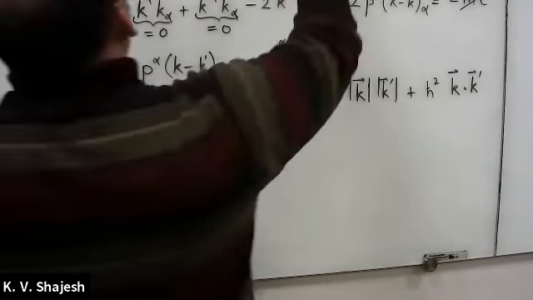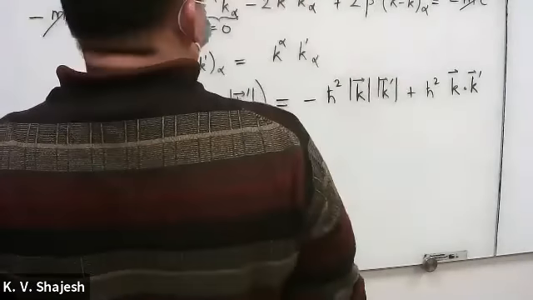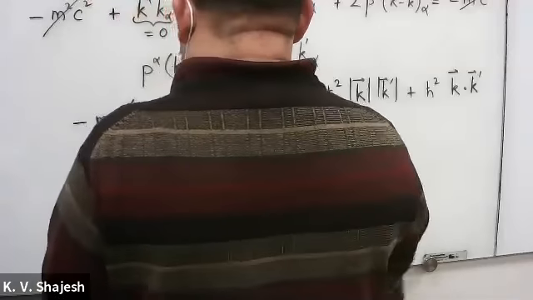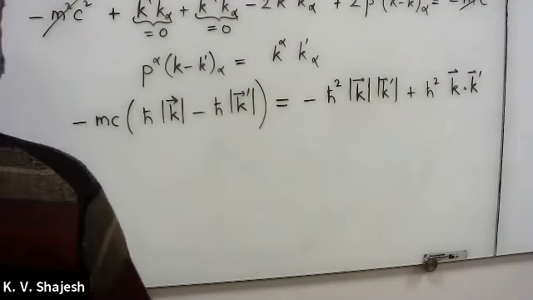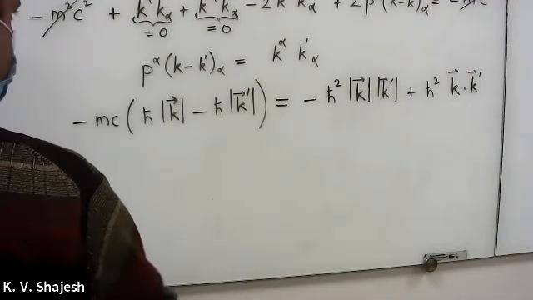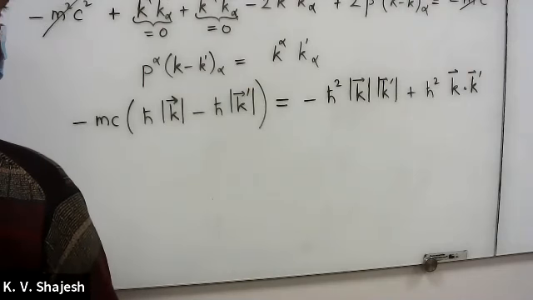But the dot product between the two vectors is just cosine theta. So everything seems to have a k and a k prime, and there is an h bar that goes away. Let me see what can be done.